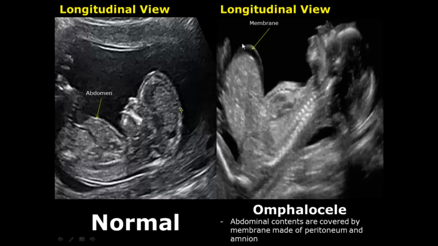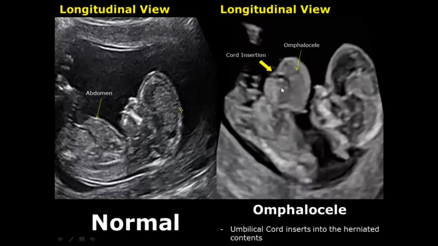Here you can see the membrane covering the omphalocele. The umbilical cord usually inserts into the herniated contents. Usually it inserts anteriorly, but if the defect is large, it may also enter laterally.